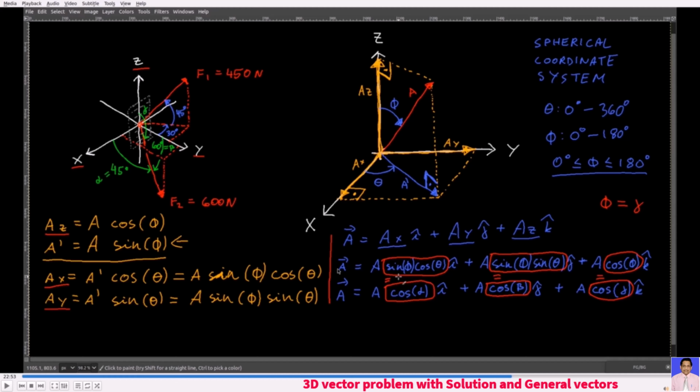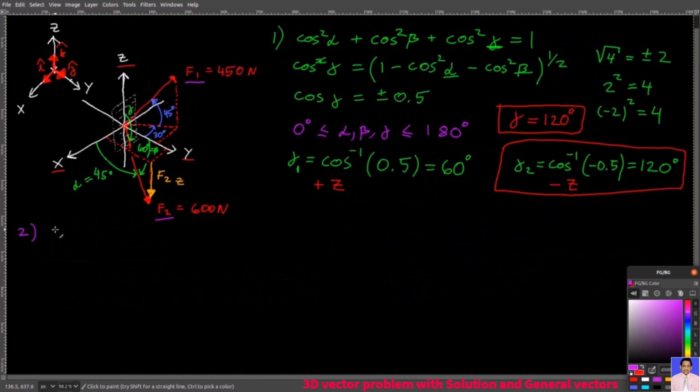And so you could represent your vector like this. This was your i component, this was your j component, and this was your k component. So I can say that F1 vector equals the magnitude of F1, which is 450 newtons, times this expression times i, plus the magnitude of F1 times this expression times j, and plus the magnitude of F1 cosine phi times k.